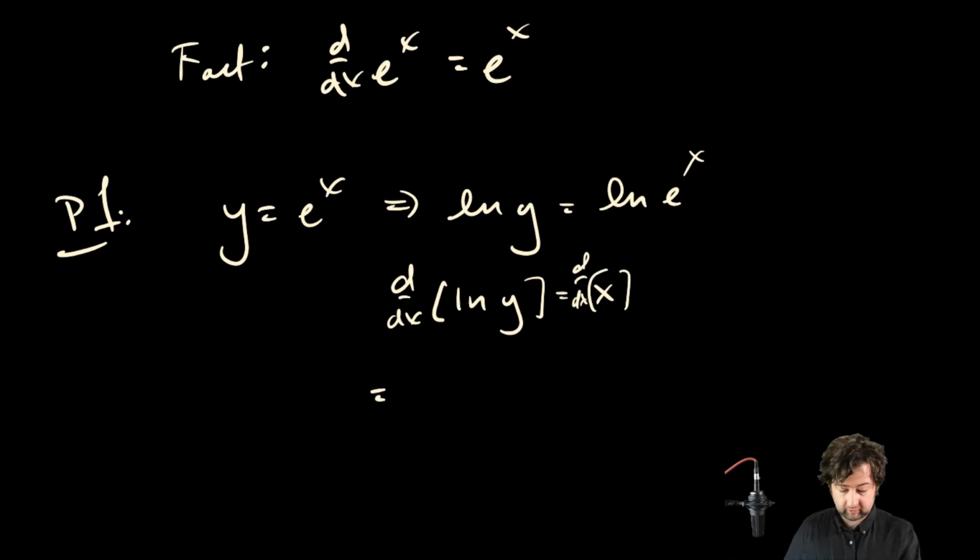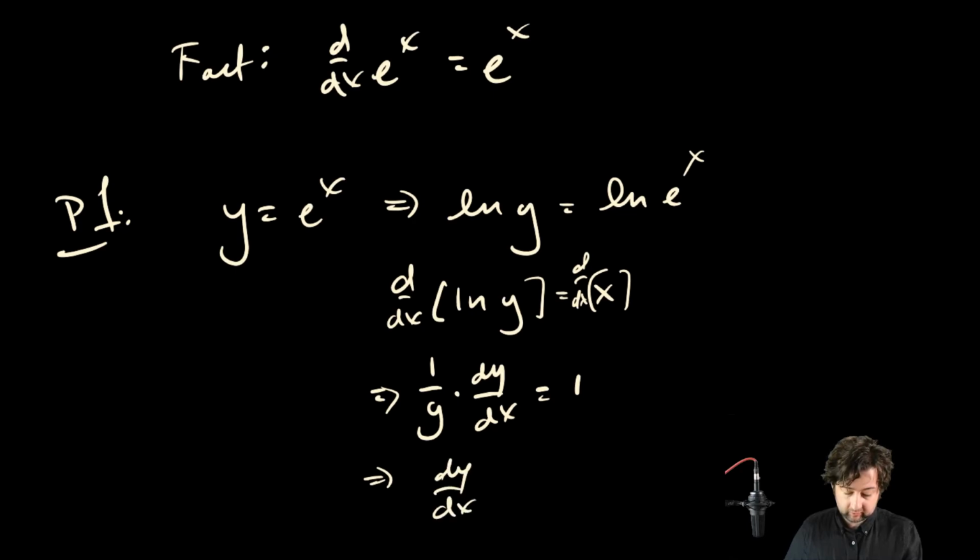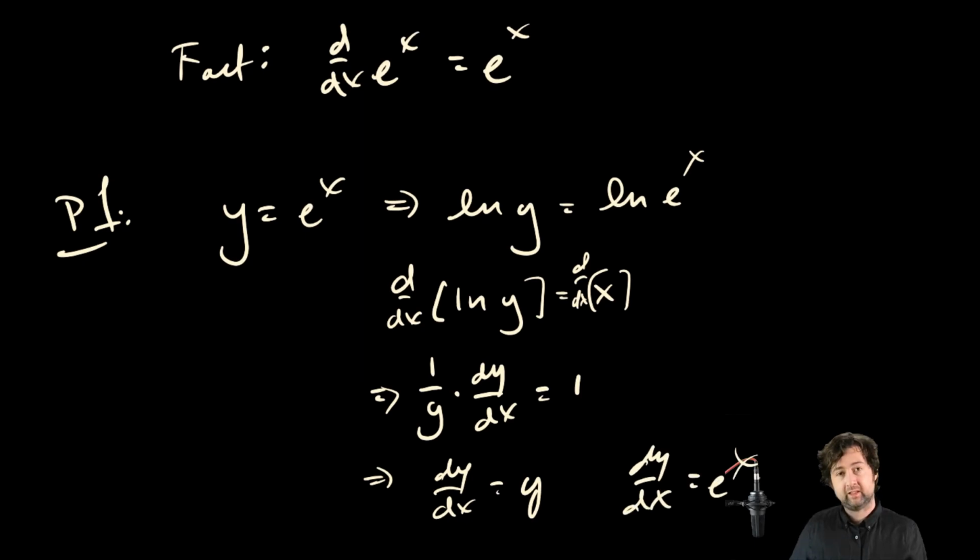And what you end up with is 1 over y times dy dx is equal to 1. Now multiply both sides by y, and you get dy dx is equal to y. But y was just e to the x. So if y is equal to e to the x, its derivative is the same. And notice what I've used here to prove that is just properties of the natural log.